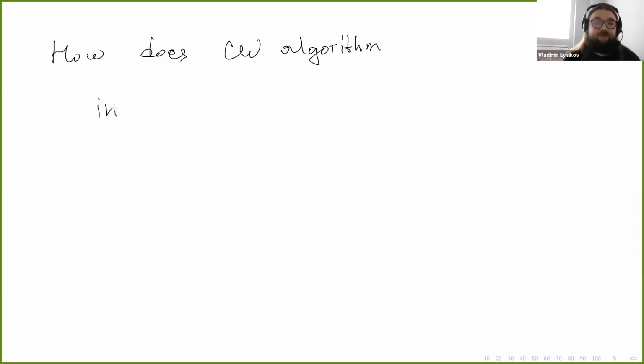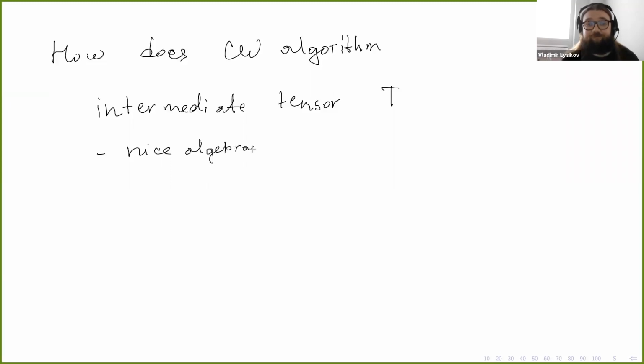We have some intermediate tensor T, and this tensor is chosen so it has some nice algebraic structure, and this algebraic structure can be used to construct explicit algorithms for T. So high tensor powers of T have explicit restrictions from some diagonal tensors, which I will write here as follows.